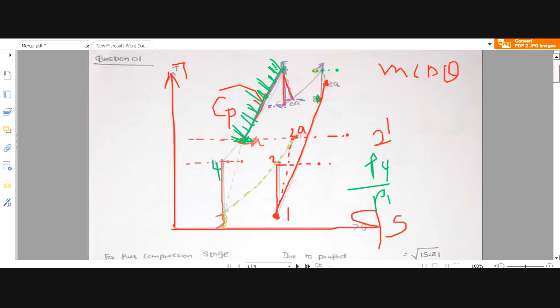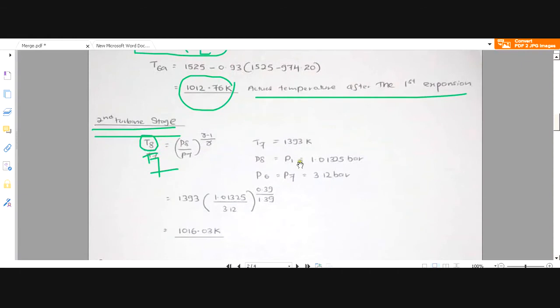And the temperature at point 7 we already know. This temperature we already know, so it's no problem because it is mentioned. T8 we need to calculate. So we can use the formula T8 divided by T7 equals P8 by P7 to the power of gamma minus 1 over gamma. So this 1393 is the T7 temperature.